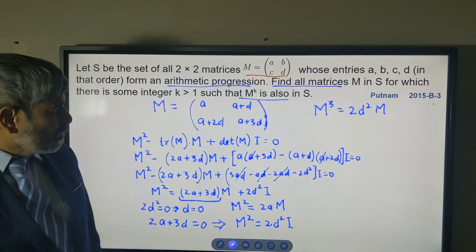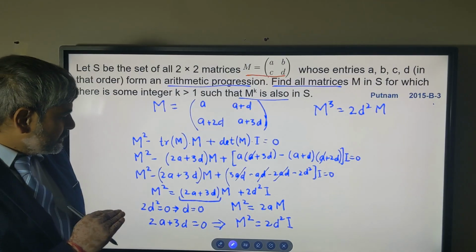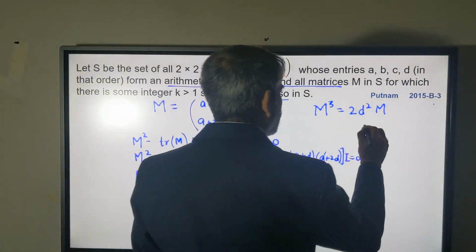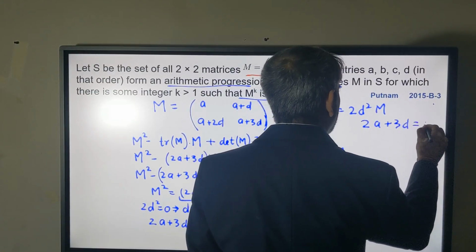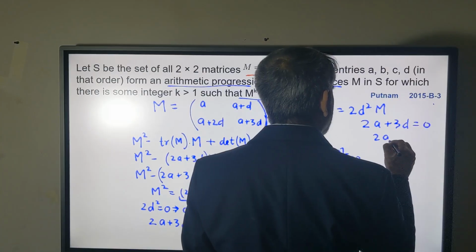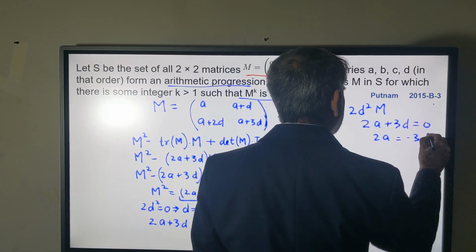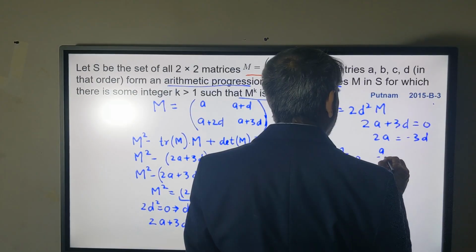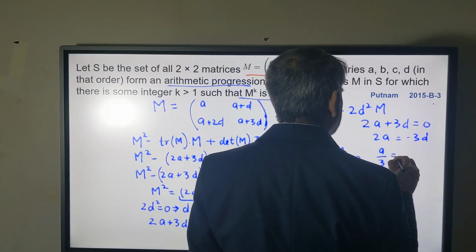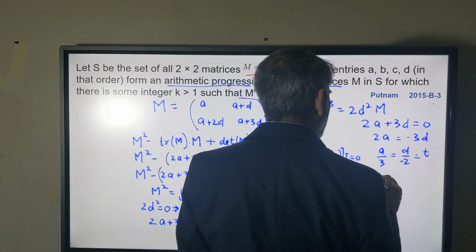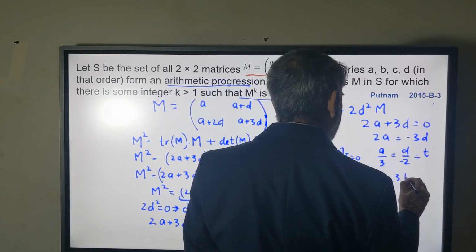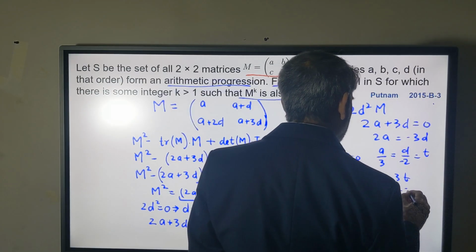So with that said, under what condition does it happen? The condition is 2a plus 3d equal to 0. We can express this as 2a is equal to minus 3d. I would like to parameterize it by writing a by 3 equal to d by minus 2 is equal to t, or a equal to 3t and d equal to minus 2t.